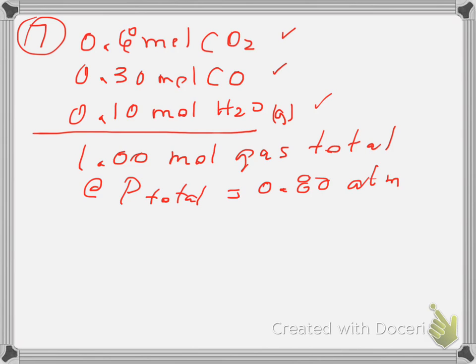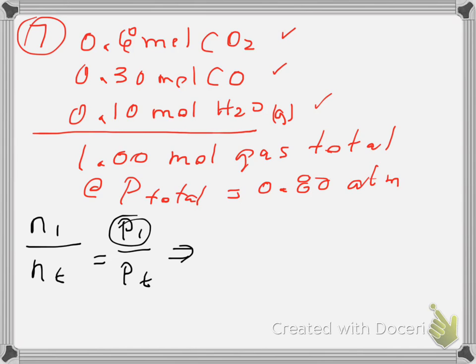Alright, so one of your equations, the mole fraction equation, says that the mole fraction of one of the gases, divided by the total, equals the partial pressure of that gas divided by the total. So they want to figure out the partial pressure of one of those gases, in this case CO2.